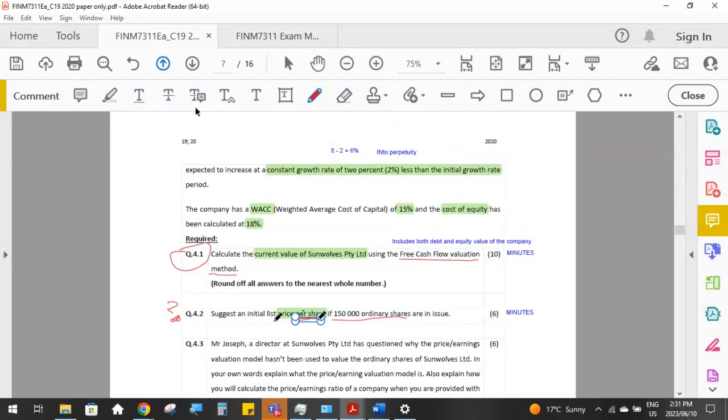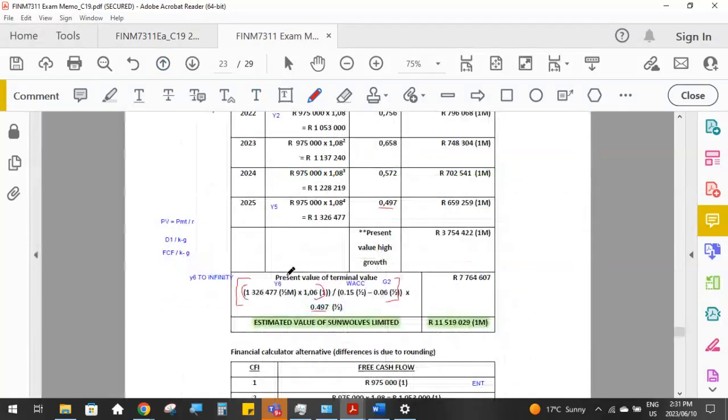So the share price is working out the equity portion of the company valuation and then dividing that by the number of shares. So let's go and have a look at those workings.